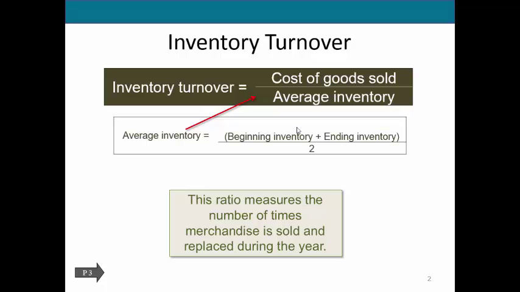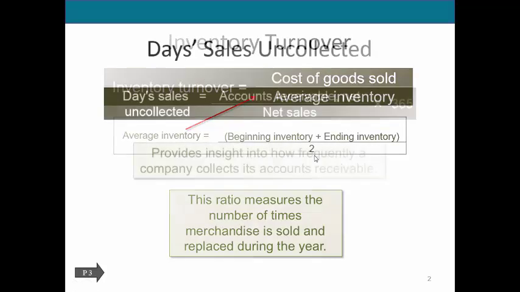We want to know, does our inventory sit on the shelves all year? Or are we purchasing inventory and quickly selling it to our customers? We calculate that by taking the cost of goods sold, so this is an item from our income statement, and dividing that by the average inventory. Again, average inventory, you just take your beginning inventory, add to that the ending inventory, and divide by 2.